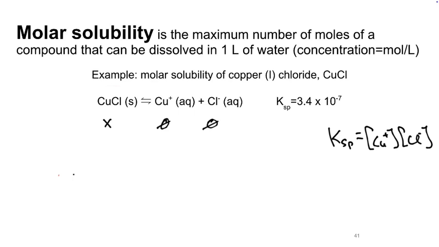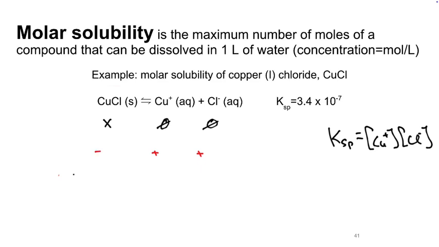If I look at that, I don't even need to know what X is, but what do I instantly know is going to happen? What's going to happen to the concentration of copper ion? It's going to increase. What's going to happen to the concentration of chloride ion? It's going to increase. What's going to happen to the concentration of the copper chloride? It's going to decrease. This looks kind of familiar, right?